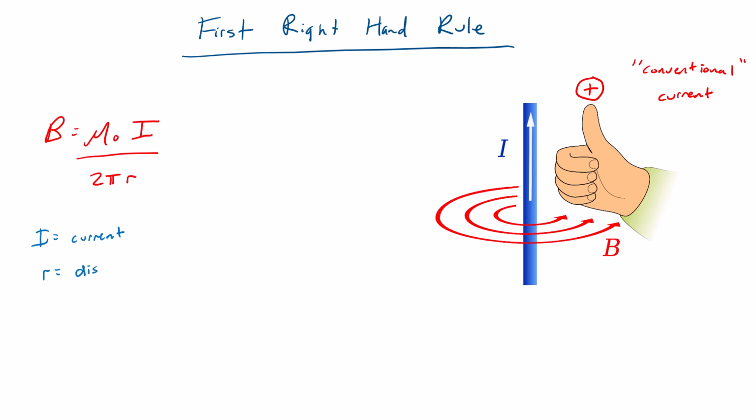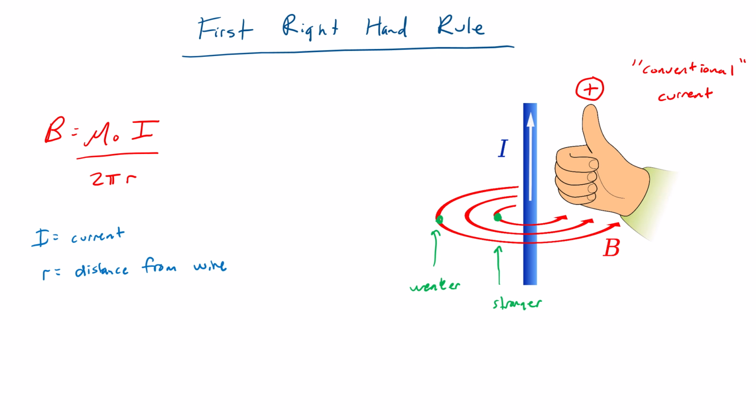So r is our distance from the wire in this case. And we have stronger magnetic fields closer to the wire and weaker magnetic fields further from the wire. So like in that location versus that location, we'd have a stronger field and a weaker field out further because it's further from the moving charge.